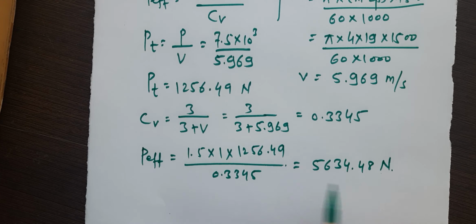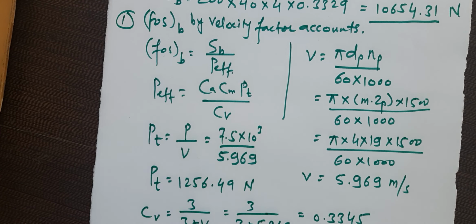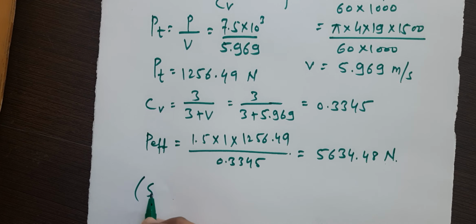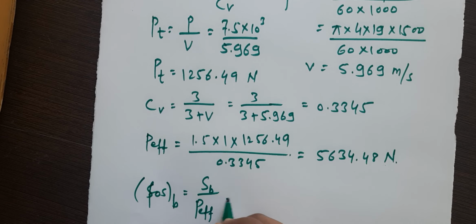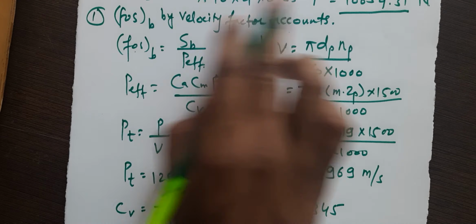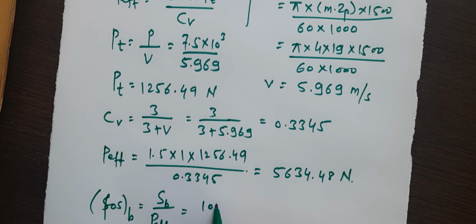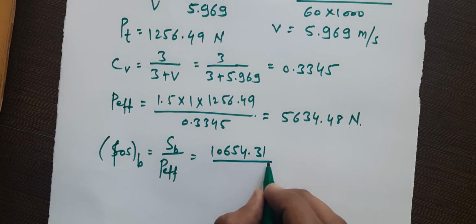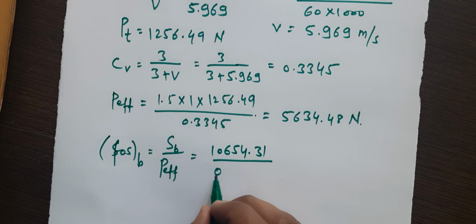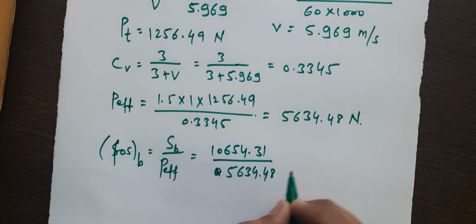Once you have P effective, we can find the factor of safety. Factor of safety against bending is SB divided by P effective. Now SB, the beam strength, is 10654.31 divided by 5634.48.